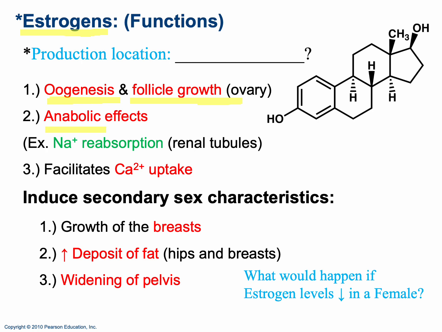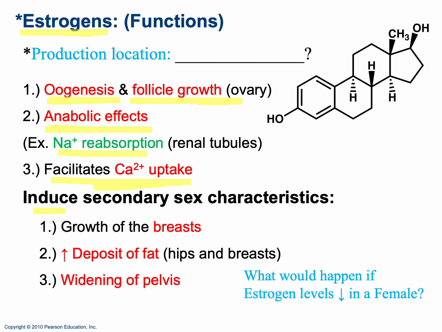It also has some important anabolic effects, especially for taking up sodium in the kidneys of the woman. It helps to facilitate calcium uptake too, which is really important. So hence, it's critical that the woman has plenty of calcium in her diet, because this can become more difficult after menopause. And you don't want to end up with osteoporosis.